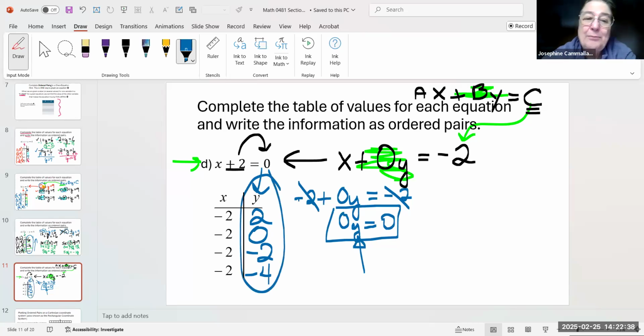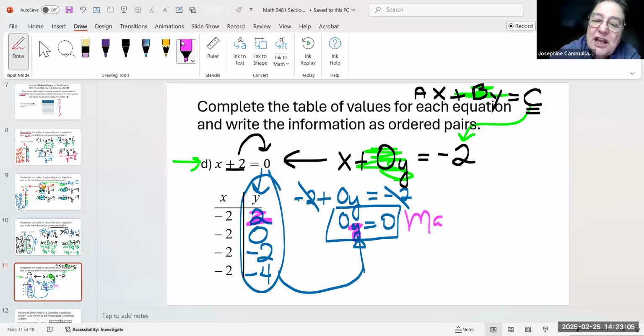This y column gets any number, because if I take 0 times this 2, I'm going to get 0. If I take 0 times 0, I get 0. If I take 0 times -2, I still get 0.